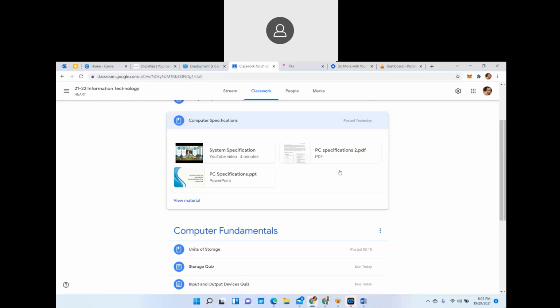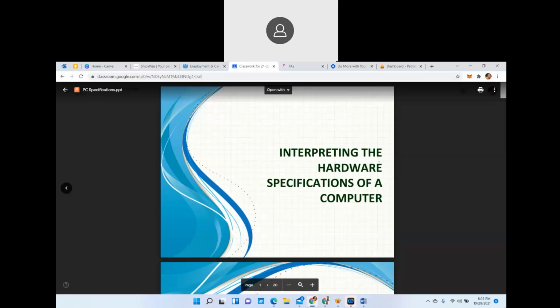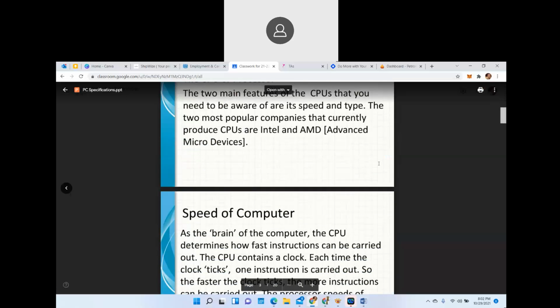Screen share. Okay. PC specifications. All right. So back to this now.